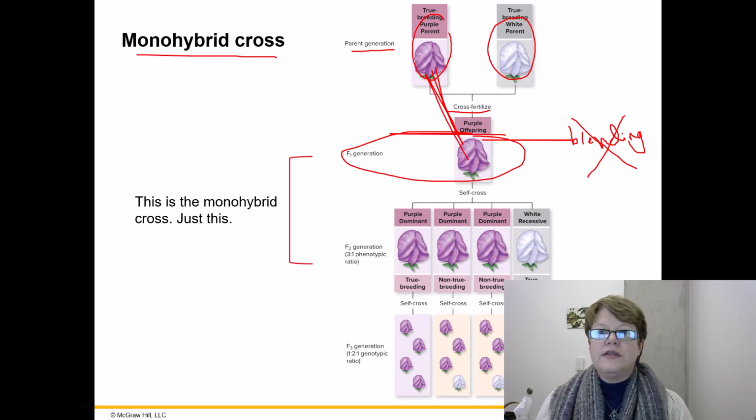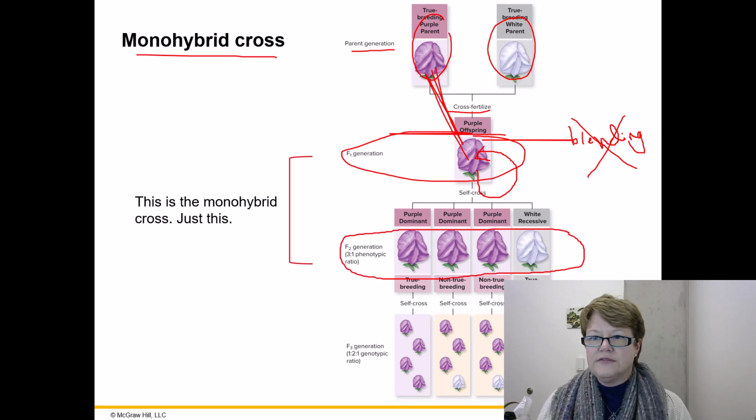So he went on and he decided to self-fertilize, like I showed you on the last slide. He self-fertilized. I'll put a little circle back to itself. He self-fertilized those F1 plants, and those plants made seeds, and then he planted those in the ground, and he got the F2 plants. The F2 plants are the offspring of the F1 plants.